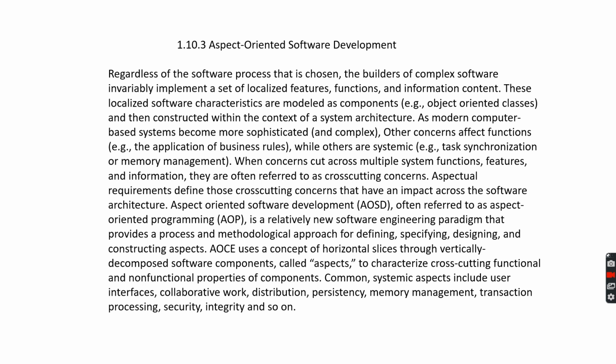It uses horizontal slices through vertically decomposed software components, called aspects, to characterize cross-cutting functional and non-functional properties of components. Common systemic aspects include user interface, collaborative work, distribution, persistency, memory management, transaction processing, security and integrity, and so on.